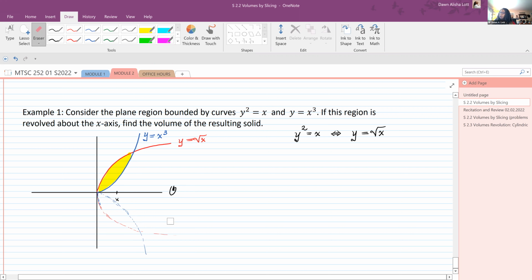So now that I've chosen an x, when I look at this smaller curve, the smaller curve is going to revolve like this. And the larger curve is going to revolve like this.